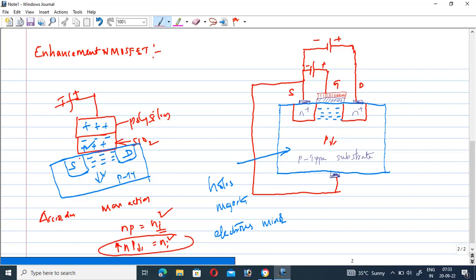As well as, to form a channel between the source and drain, we need some minimum voltage. That voltage is generally called the threshold voltage, which is approximately 2 volts, to form a complete channel between the source and drain. Let us consider some situations.